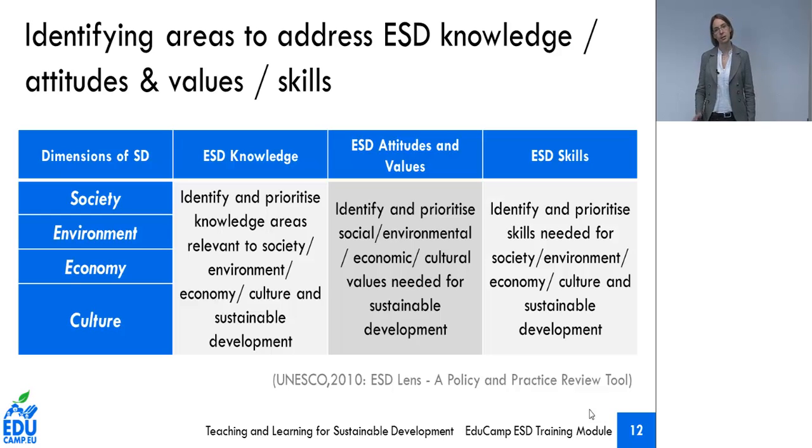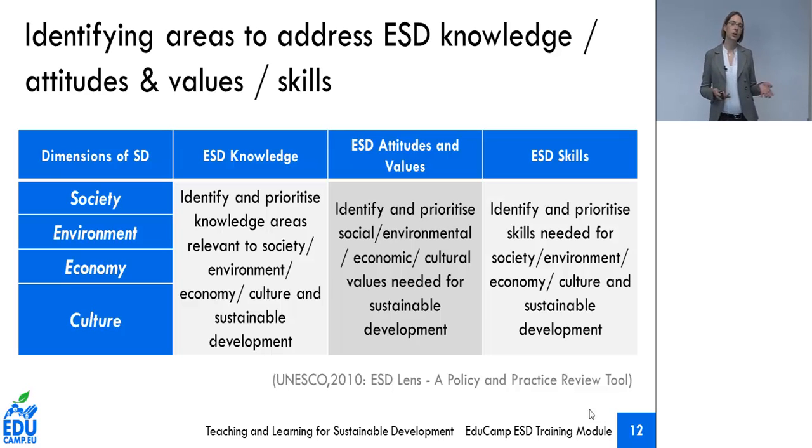On this slide, in this table, you can see the dimensions of sustainability, so society, environment, economy and culture, and the ESD areas, knowledge, attitudes, values and skills we just discussed before.